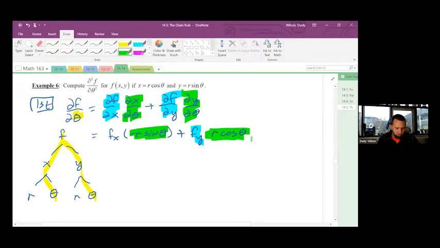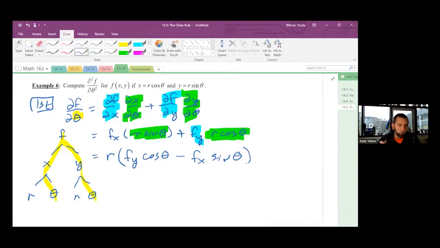And we might be able to simplify this a little bit. There's a common factor of r, and then we have fy cosine theta minus fx sine theta. And please note that fx and fy are both functions of x and y.